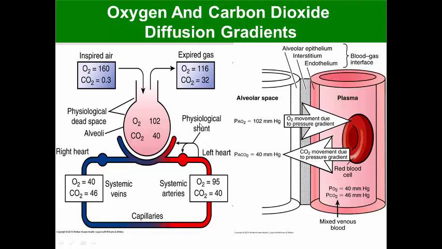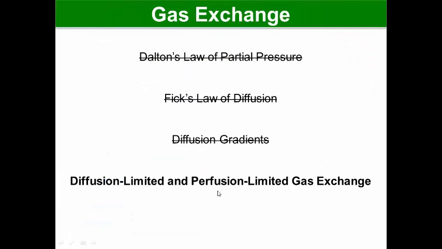These two shunts are the right to left anatomic shunt, and the alveolar shunt. And it is because of the sum of these, the sum of the alveolar shunt and the right to left anatomic shunt, that we call it the physiological shunt. Because of this physiological shunt, now the partial pressure of oxygen in the arterial blood is 95 millimeters of mercury. That of carbon dioxide remains the same, 40 millimeters of mercury.